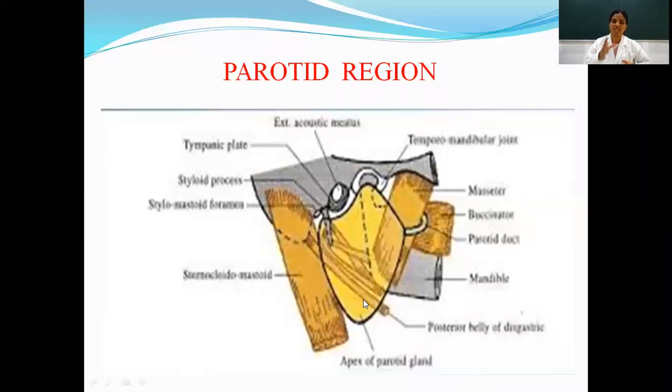This is a fascia derived from the neck, the deep cervical fascia, otherwise called the deep fascia of the neck, which extends upwards below and in front of the ear. So this is a fascia-lined space which gives an area for the parotid gland. That is why the boundary structures and this fascia-lined space are collectively known as the parotid bed.